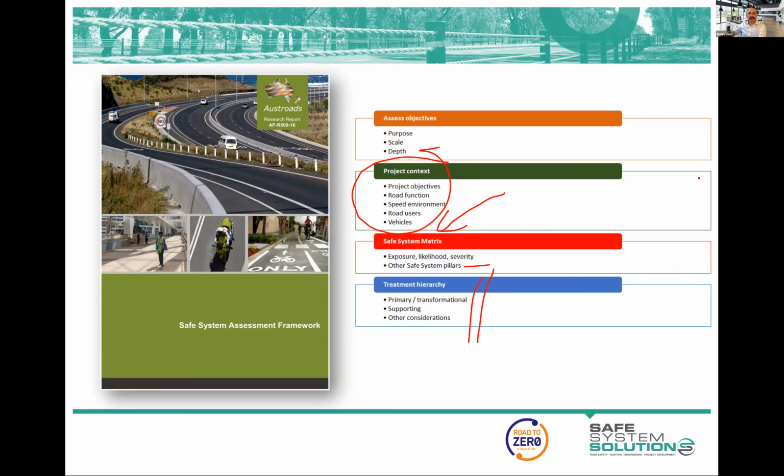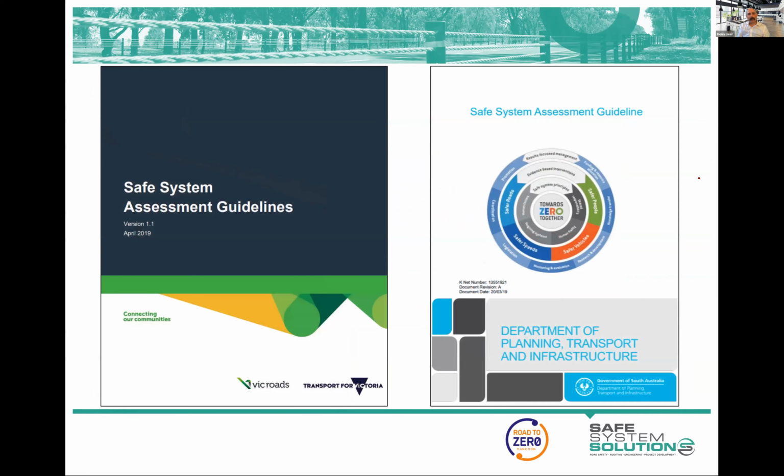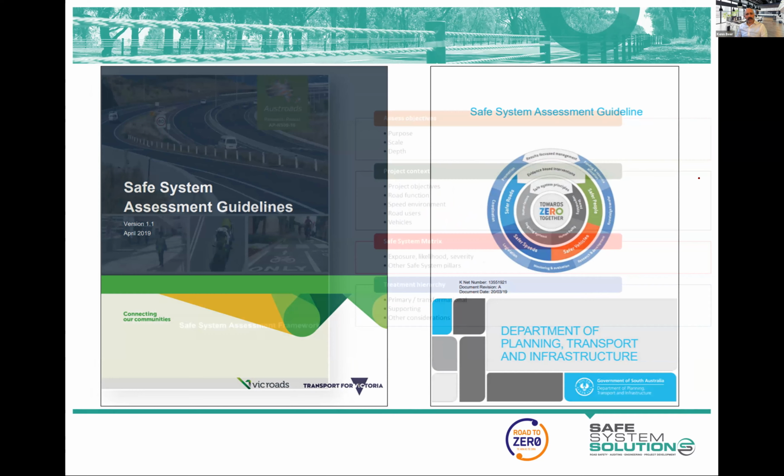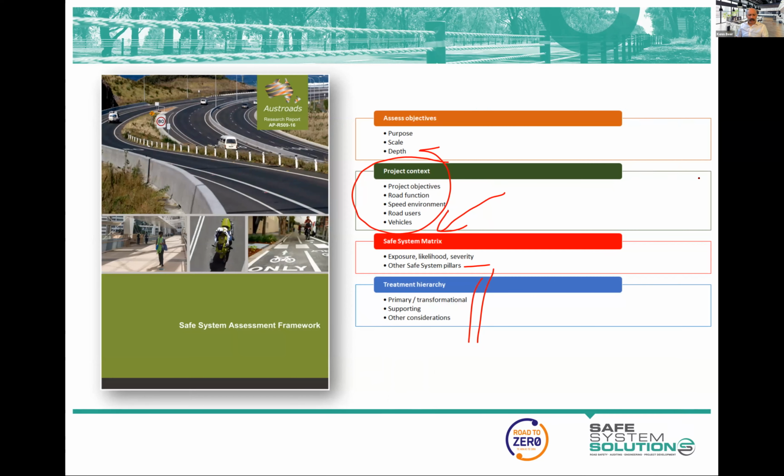Okay, so let's jump in and have a look at a few of these things. Actually, no, before we do that, I'm going to point you at some other guidelines. There are some Victorian guidelines and some South Australian guidelines. The reason these have emerged is because the Austroads document is a really good foundation, but not a lot of safe system assessments had been done.